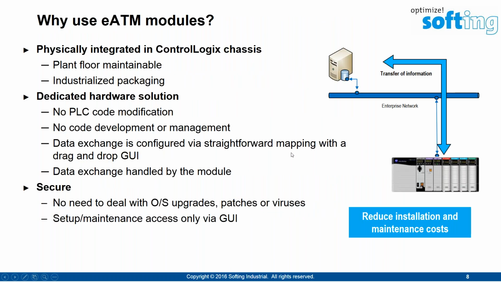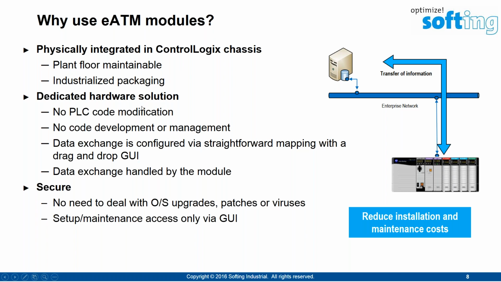So you can take all that into consideration, and so let me tell you why you would use an eATM module, a hardware solution. First, they are physically integrated in a ControlLogix chassis. This makes them plant floor maintainable, and they also have the same industrialized packaging as any other ControlLogix module.